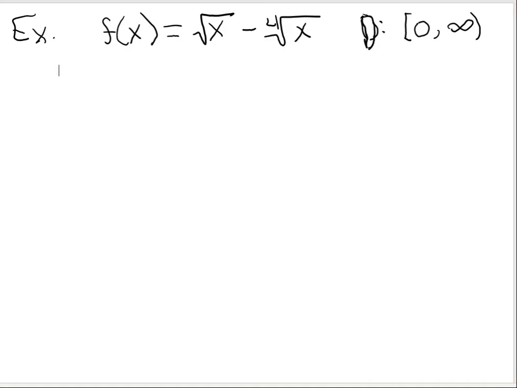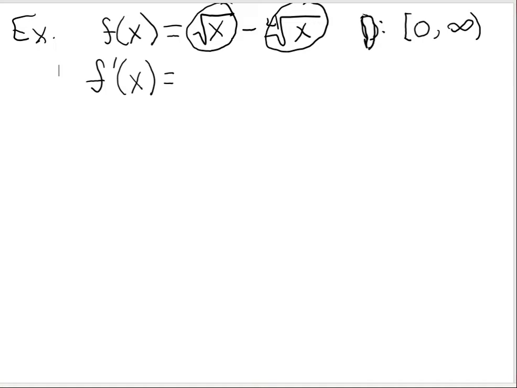So if I want to do the first derivative test here to find what its maximums and minimums are, I want the first derivative of this thing, which, remember, this one is going to be x to the 1/2, x to the 1/4.